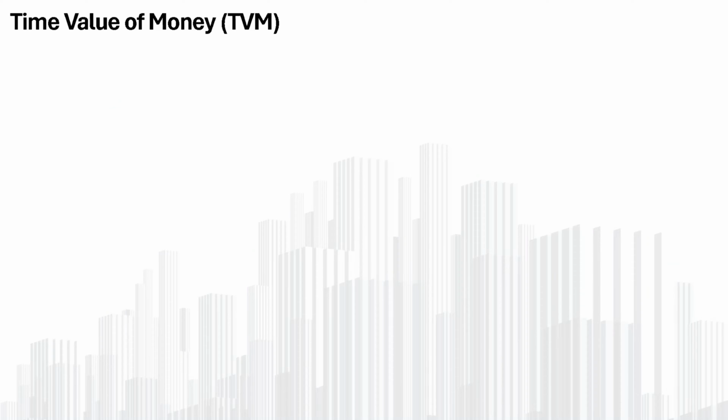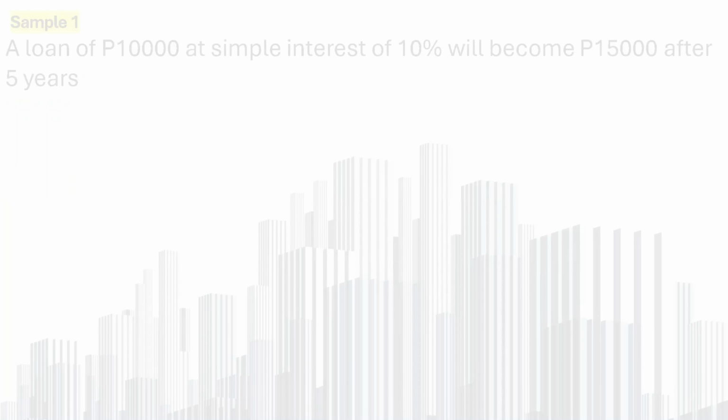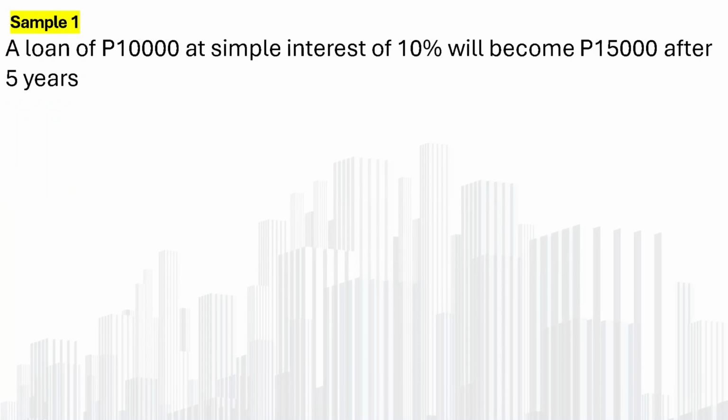Okay. So another, let's show two different examples. How we represent those formulas. So for number one, we have here a loan of 10,000 pesos at simple interest, and so just double checking. Okay, so at 10%, it will become 15,000 pesos after 5 years.